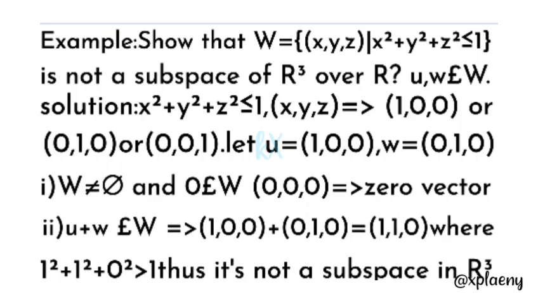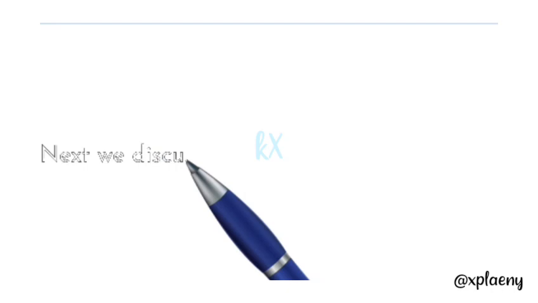So since 2 is greater than 1, it does not hold. That means it's not a subspace, because 1 squared plus 1 squared is greater than 1. So you see, it does not obey the rule given there, because it is actually greater than 1. It is not less than or equal to 1.